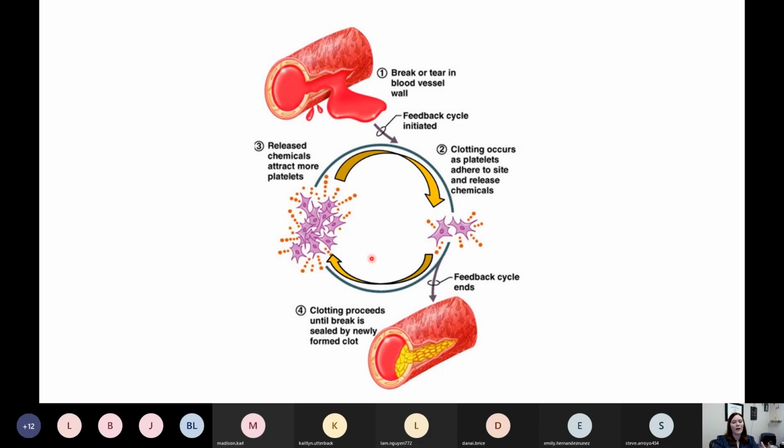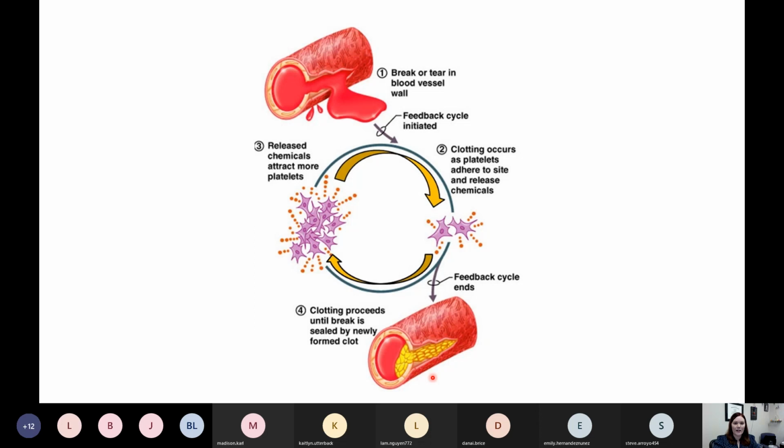So this will go and go and go until we've built the blood clot. The way I like to think about a positive feedback loop is instead of us immediately going like we did with the other one, where if I got too hot, I'm immediately going to try to get back to colder. When we talk about a positive feedback loop, something changed and I'm going to change it more and more and more.